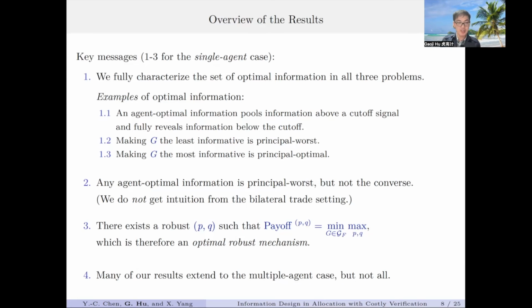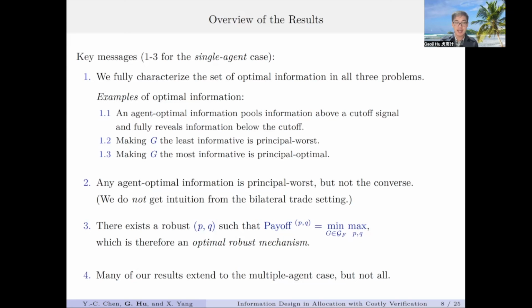And given the characterizations, we have two observations, which are the third and the second bullet points. Okay, the first observation, we found that any agent optimal information is principal worst, but not the converse. And the other observation is about robust mechanism design. After we solve the principal worst information design problem, the principal's payoff under the principal worst information actually serves as an upper bound for the principal's payoff under robust mechanisms.